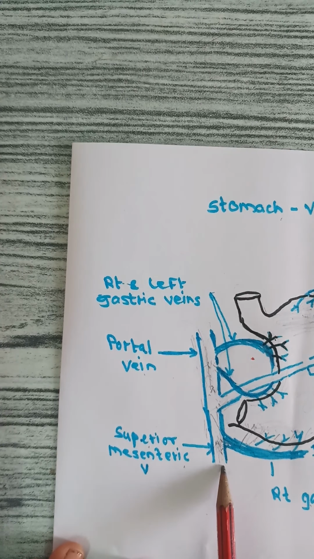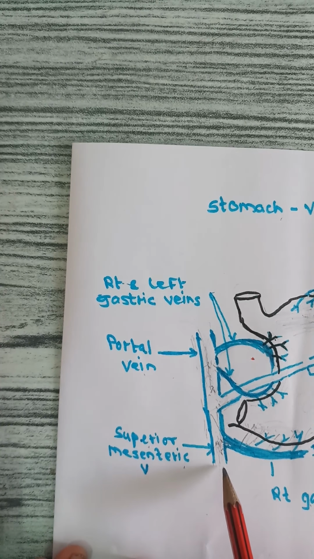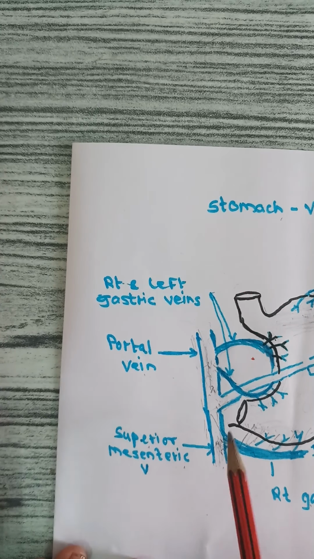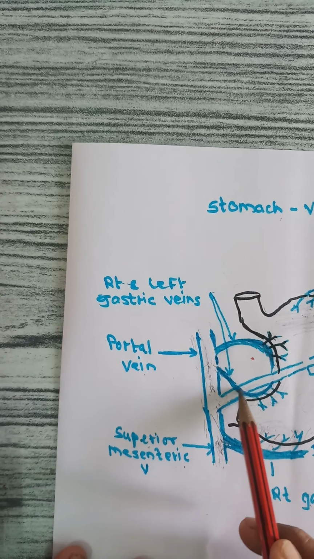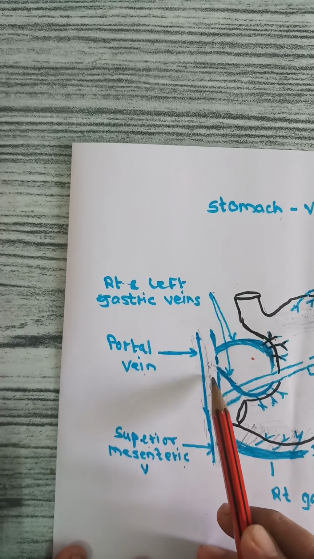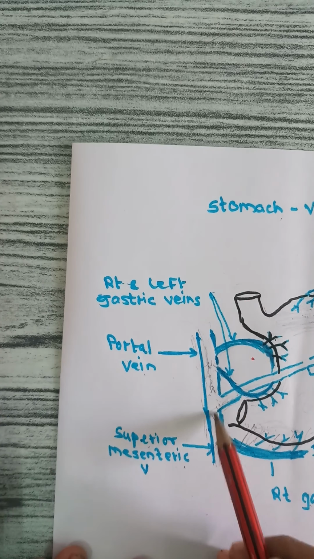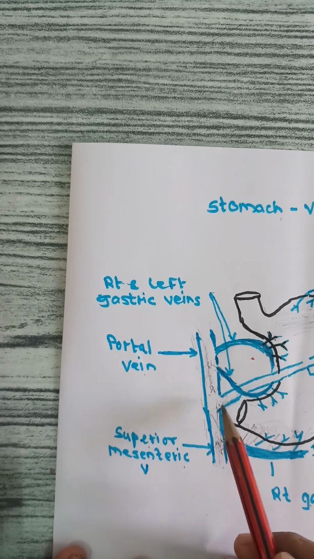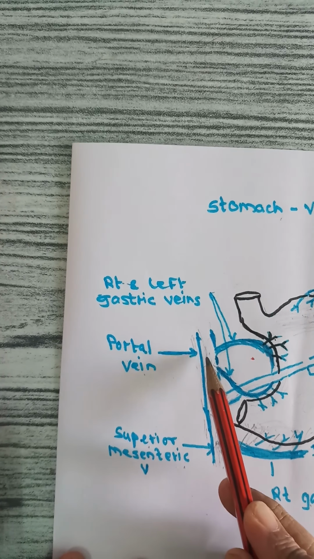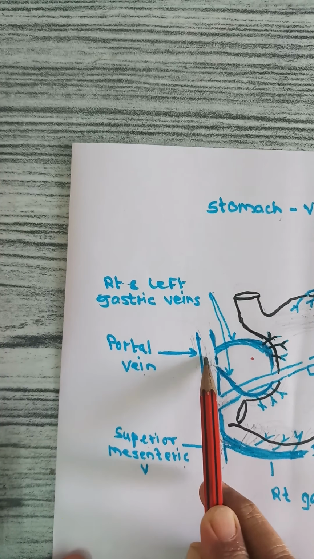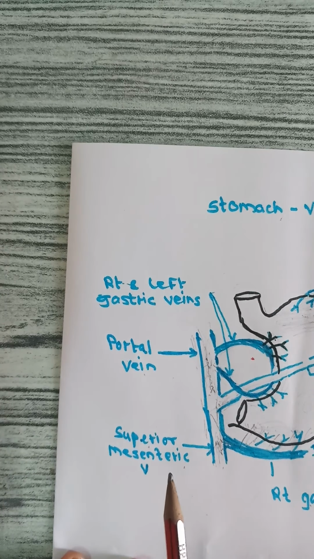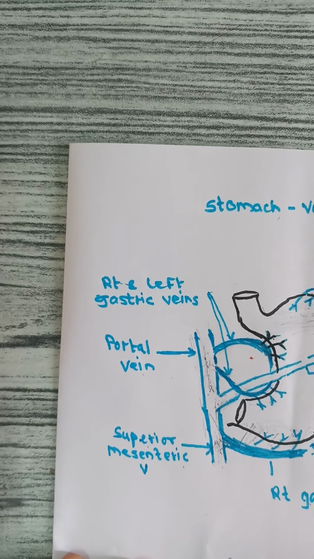Okay, the superior mesenteric vein collects deoxygenated blood from the small intestine and proximal part of the large intestine, and it ascends and unites with the splenic vein to form the portal vein. The splenic vein and superior mesenteric vein join together to form the portal vein, and the portal vein enters the liver. Okay, so this is about venous drainage.